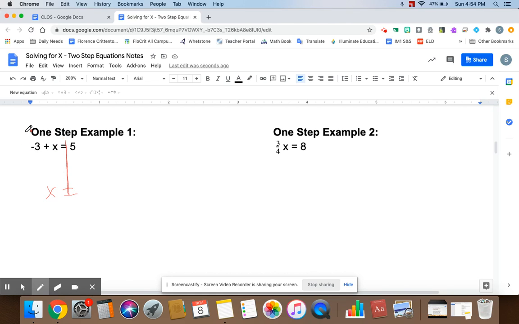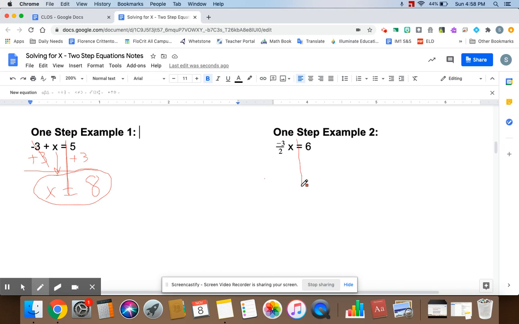So how am I going to eliminate this -3? I'm going to eliminate it by adding it over. Because it's a -3 that's getting added on, the opposite of -3 is +3. So I have to add it to both sides. Because remember, if I raise this side by 3 to keep them equal, I also have to raise this side by 3. So now -3 plus 3 is 0. They eliminate. And I'm just left with my x that I'm bringing down to right here. And 5 plus 3 is 8. So in this case, the answer is that x equals 8.